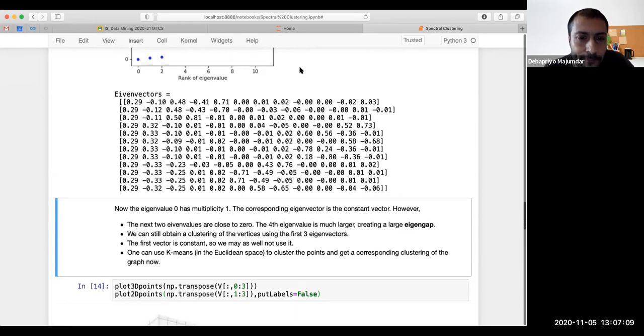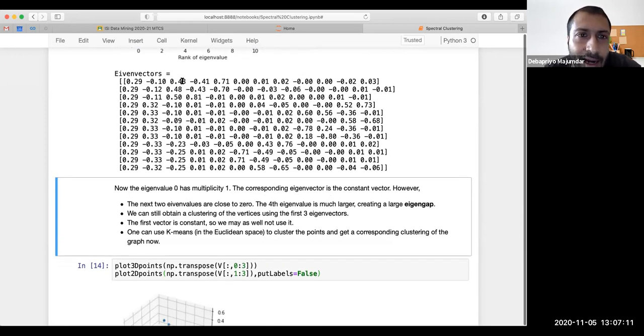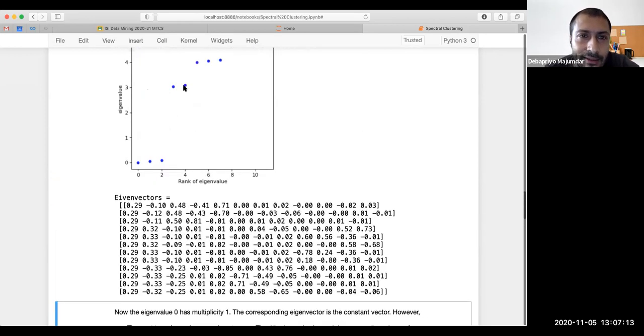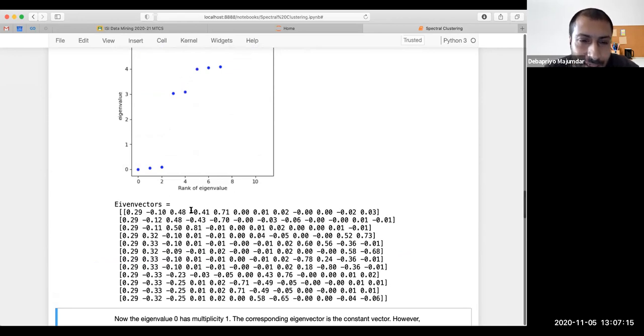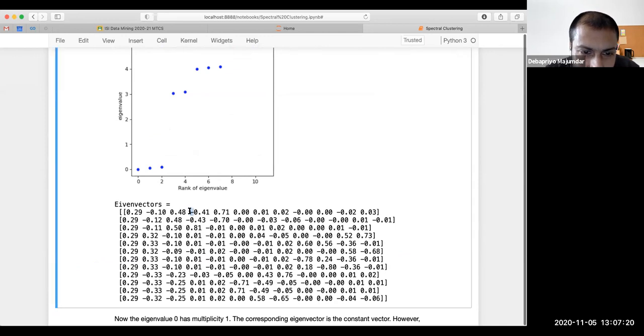Let's look at the eigenvectors after the third one. Since I have done this examination before, let me only look at these two eigenvectors, but only the first three rows. That means the first three nodes.